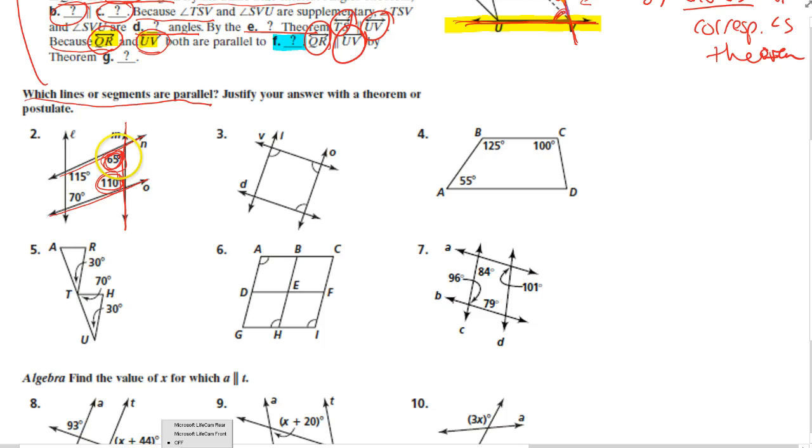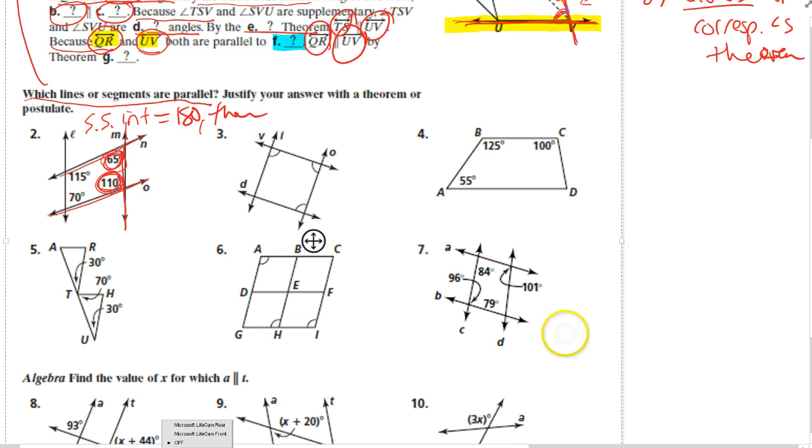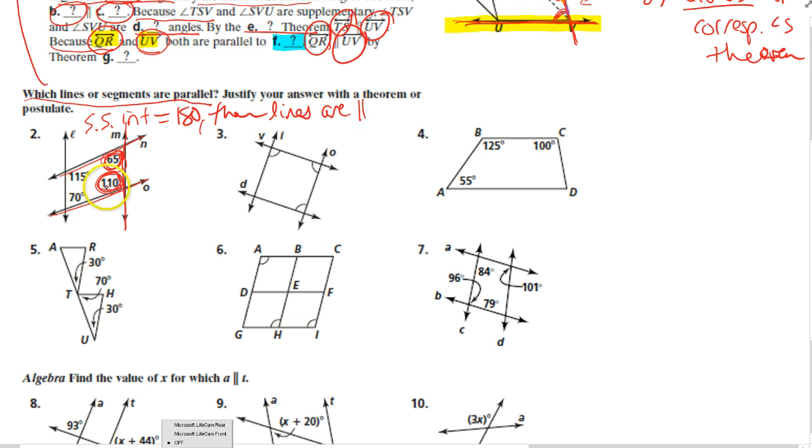As long as these same side interior angles add up to 180, then my lines are parallel. Is that true? Well, 110 plus 65 does not equal 180, so the lines are not parallel.